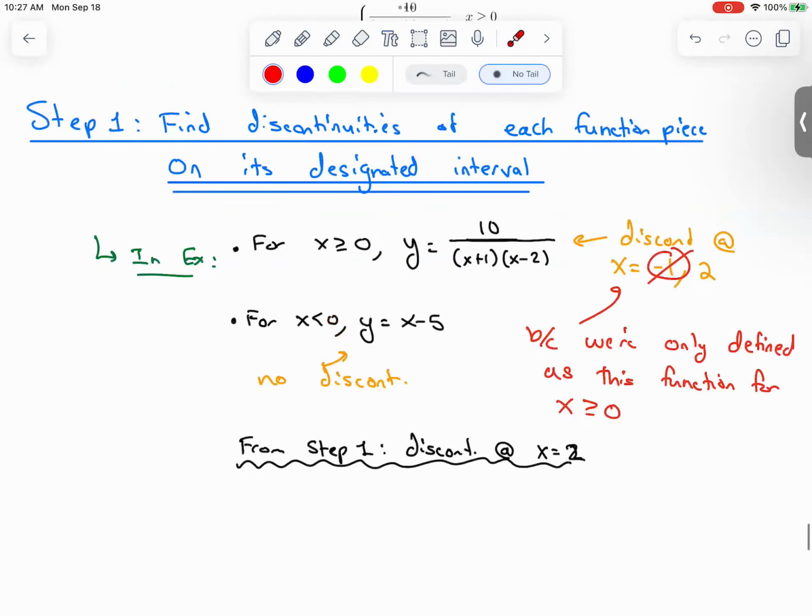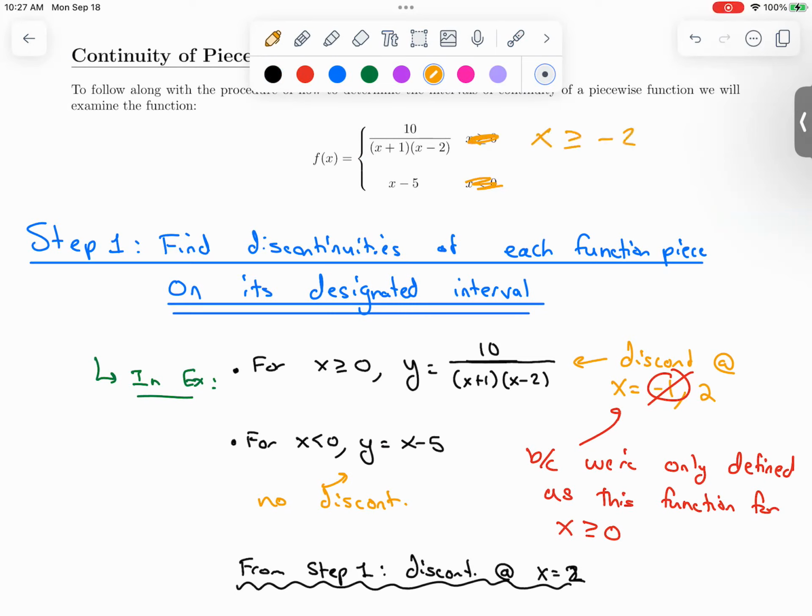If the function was defined instead as x greater than or equal to -2 and x less than -2, then both values would be problems, because -1 would then be in the first piece's designated area. The -1 is not included in a restriction.